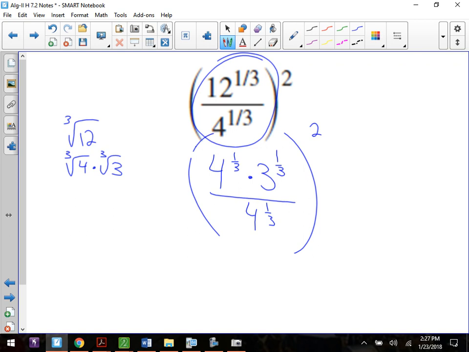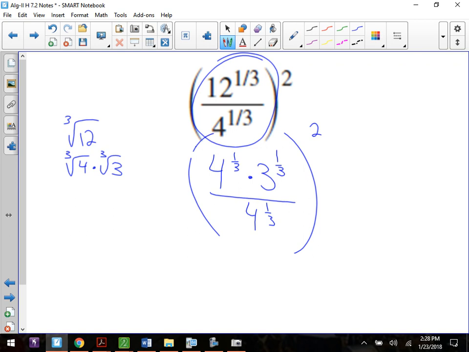See what I'm getting out of that? By recognizing that the 12 and the 4 have the same exponent, that means they have the same nth root. When they have the same nth root, you can simplify it like you would any other normal square root.